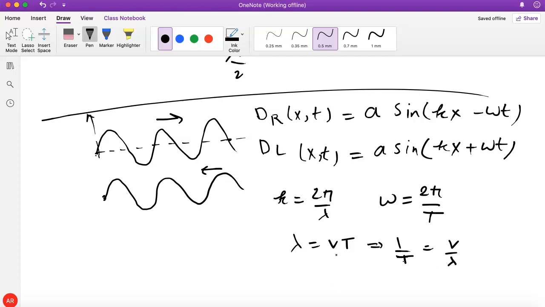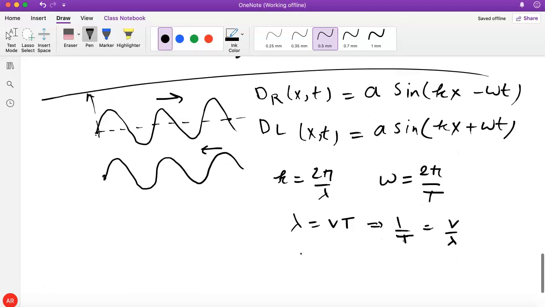Therefore this right mover is a function of x minus vt, right? And the left mover similarly is a function of x plus vt. Okay.